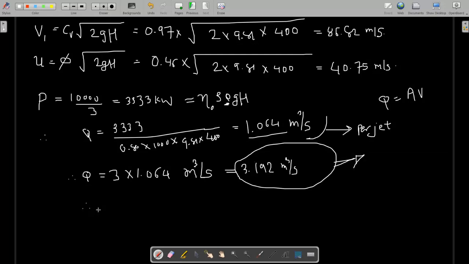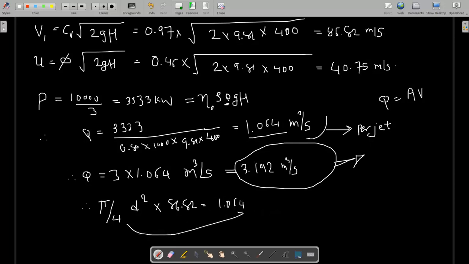So first of all we will find the area, or diameter of the jet. The area of jet is pi by 4 small d square into V1, which is 86.82, is equal to discharge, from one nozzle, 1.064.